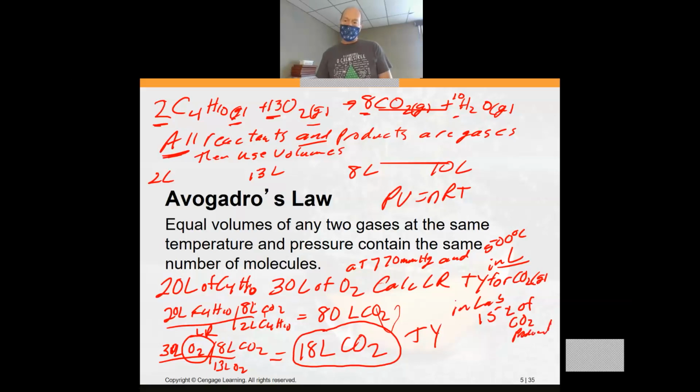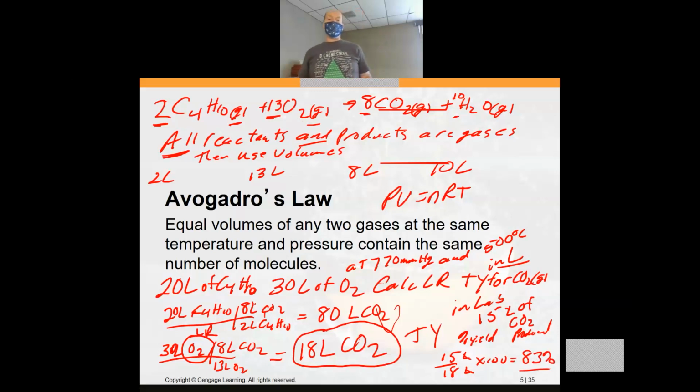And then you would have the percent yield. You would have 15 of the possible 18 theoretical. Again, they have to be the same units, and they are, times 100. You take your 15 divided by your 18, and you get an 83% yield.